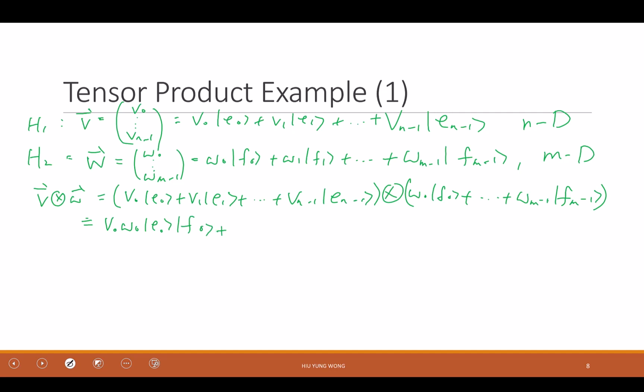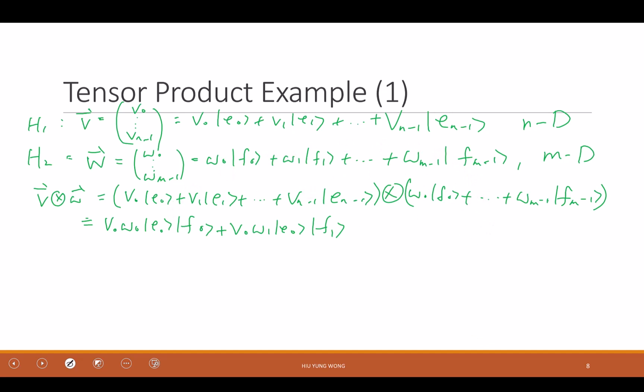Then I do the other term, V0 W1, E0 F1. Right? The first time I do V0 times W0, E0 F0 tensor product. Now I do V0 times the second one, W1, and then E0 times F1.